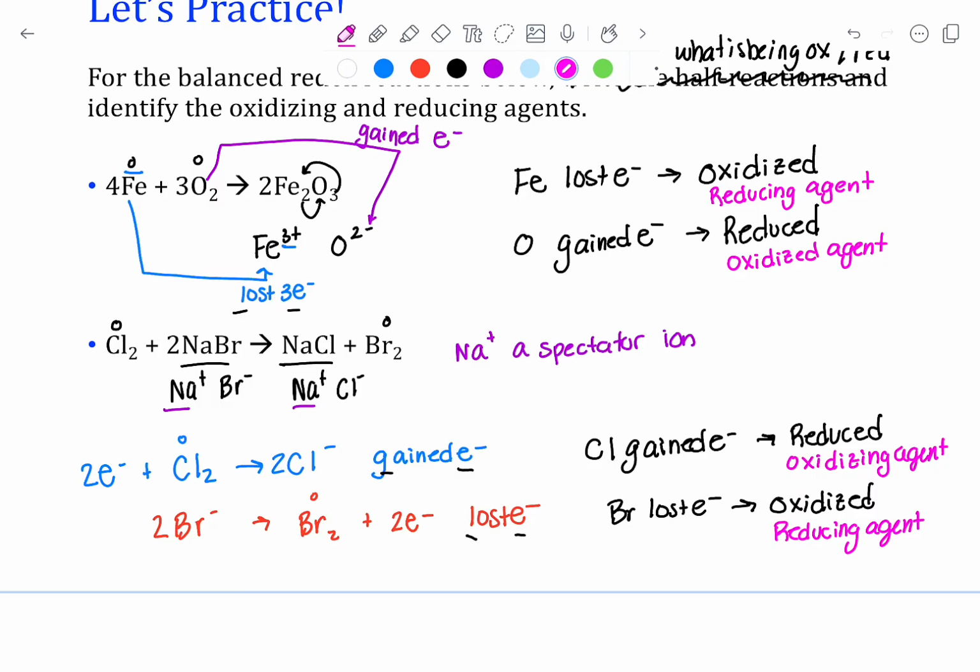To clarify one point specifically for your ALEX homework, I do believe that when they ask you to identify the oxidizing agent and the reducing agent, since Br is what's being oxidized and therefore is the reducing agent, the entire compound of NaBr would be considered the reducing agent.